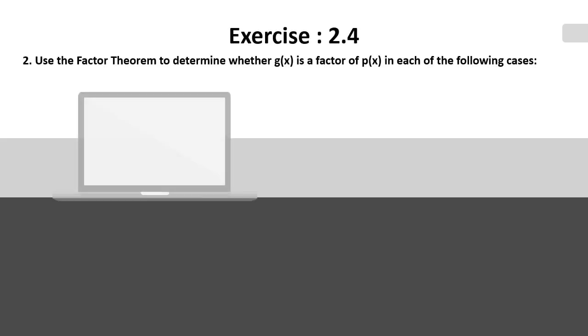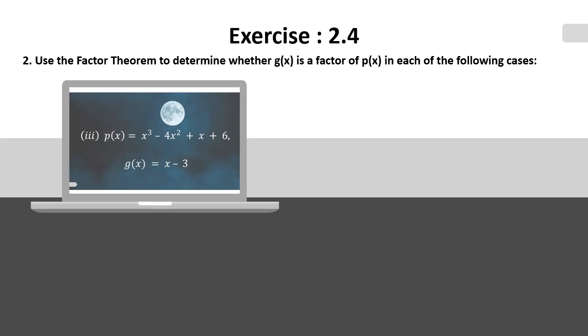We again use the factor theorem to determine whether g of x is a factor of p of x in each of the following cases. In the next example, p of x is x cube minus 4x square plus x plus 6 and g of x is x minus 3. According to the factor theorem, if x minus a is a factor of p of x, then at x is equal to a, p of a will be 0.